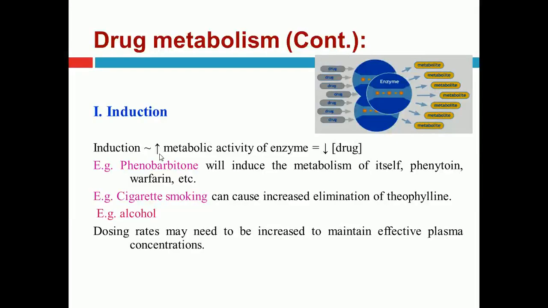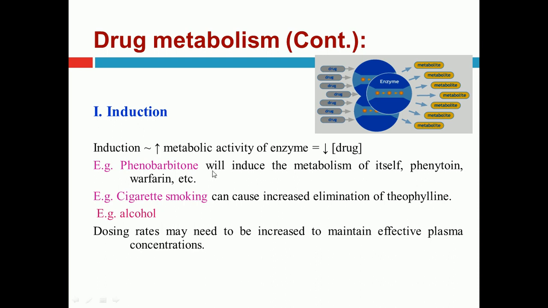For example, you know that drugs are molecules, drugs are chemical entities. So if any drug can increase the quantity of a cytochrome P450 enzyme, this is called enzyme induction, and the drug which has increased the quantity of the enzyme is called an enzyme inducer.